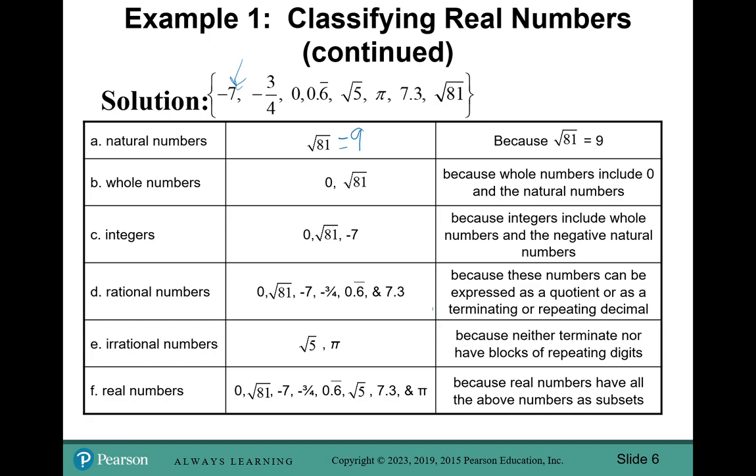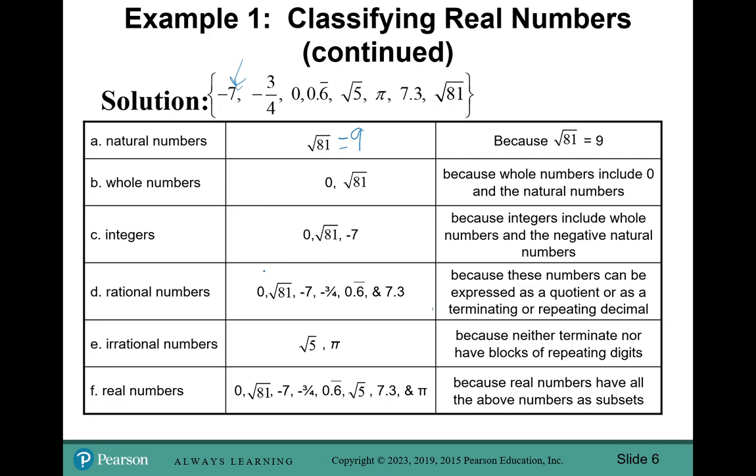Now let's look at rational numbers. Remember, rational numbers are any number that can be written as a fraction or a terminating or repeating decimal. Okay, so rational numbers include all the numbers so far because integers, whole numbers, and natural numbers are all rational numbers.